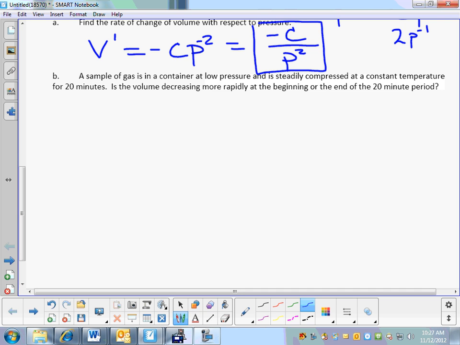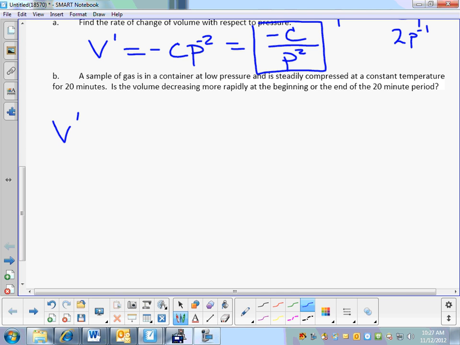All right? If I have a balloon and I start pressing on it, what's going to happen to the pressure? It's going to increase, right? The pressure is going to increase, okay? Now, it says, is the volume decreasing more rapidly at the beginning or the end of the 20-minute period? Well, let's think about this for a second, okay?